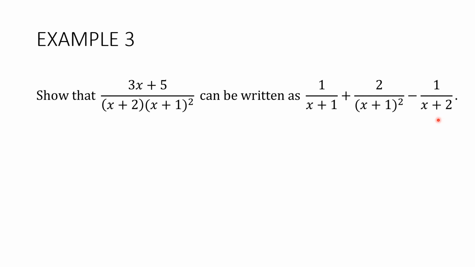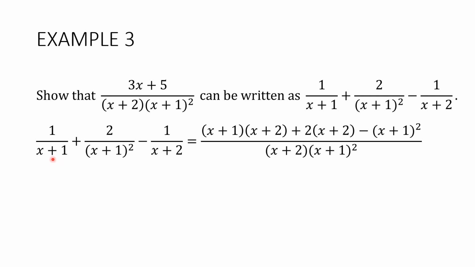Now you can use partial fractions methods to prove this, but you can do it in reverse because it hasn't suggested a method. We could just make this into a common denominator and prove that it equals this. And that's much easier, so let's do that. So start on this side. Common denominator is going to be x plus 1 all squared multiplied by x plus 2.